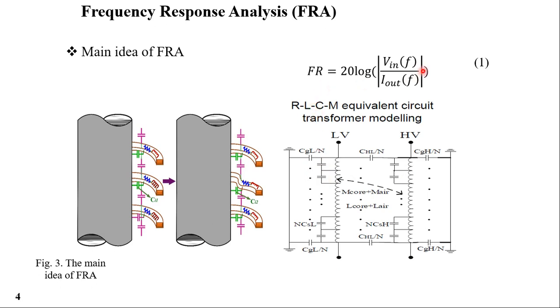And we use 2 important signals to obtain the frequency response: the input voltage signal and the output current signal in the frequency domain are used to obtain the frequency response of the windings.